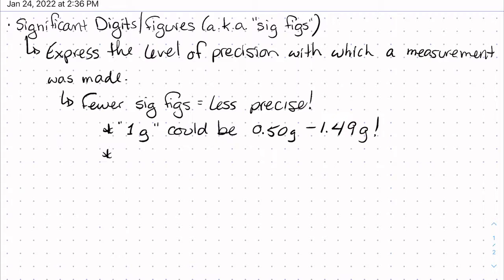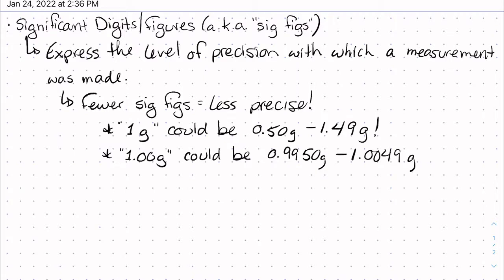But if we instead report that as 1.00 grams, mathematically the same number, but it's very different to a scientist, this is now telling us that this could be anything from 0.9950 grams to 1.0049 grams.